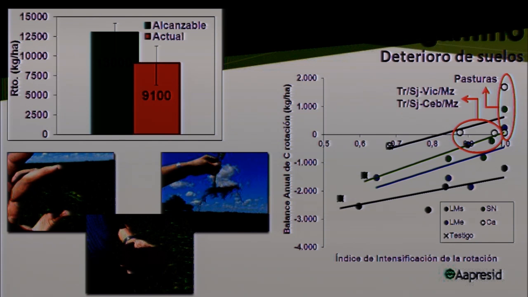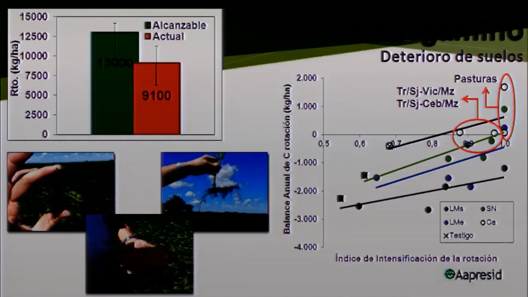Intensification of rotation and introducing corn in the rotation, as well as introducing cover crops, improves carbon contributions. Carbon levels are better now. When we include pastures, we get positive carbon balances.